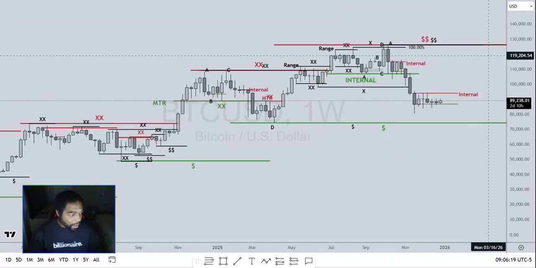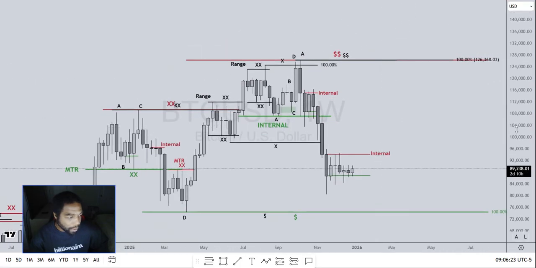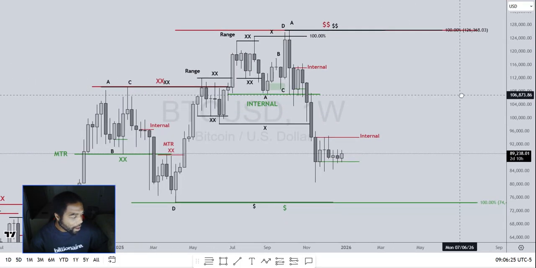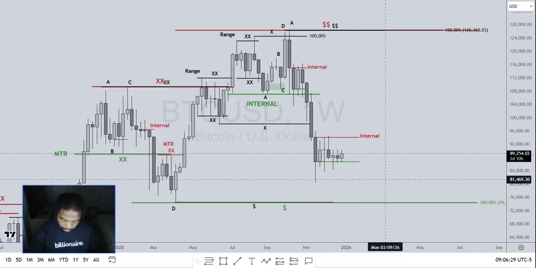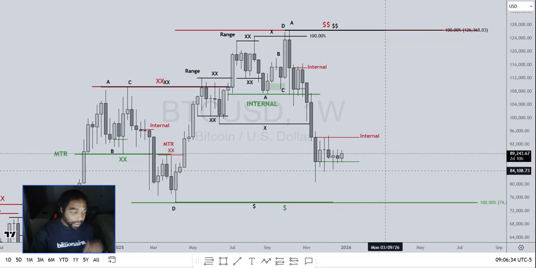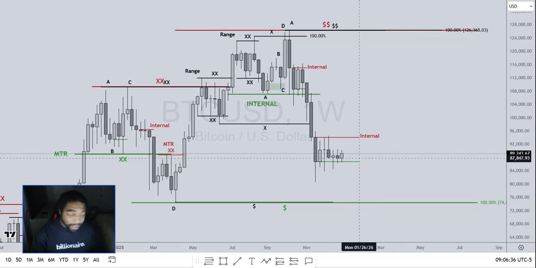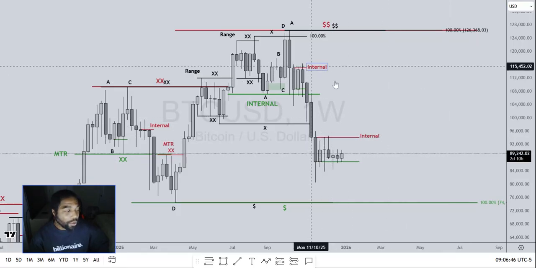I'm just going to go here real quick so you can see it before I click it to the daily. We want to read this price action because this is where price is currently. Going here to see what price is doing on the daily inside of this weekly time frame, then we can understand what price is doing right now.